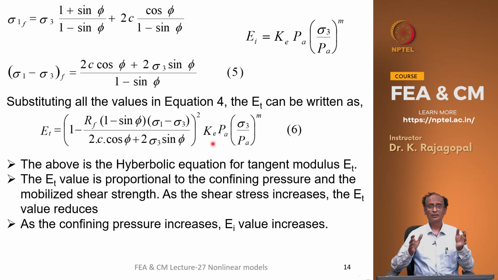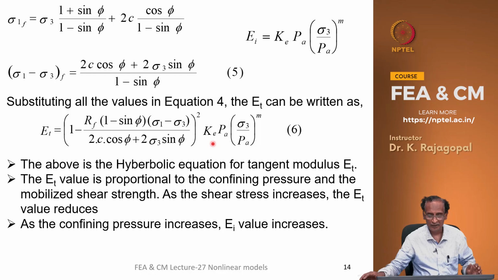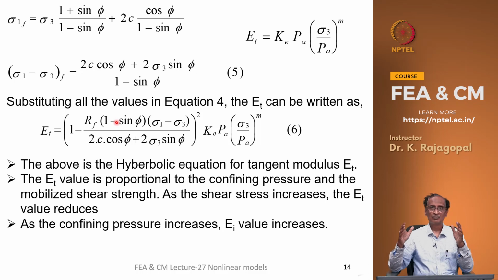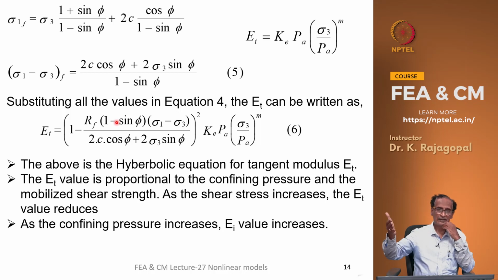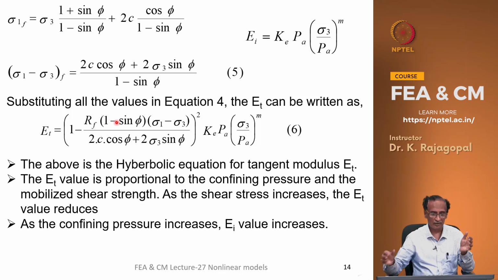So in one single equation, Duncan and Chang were able to incorporate the influence of the confining pressure sigma 3, and the influence of the shear stress in relation to the shear strength. As the shear stress increases, your modulus is going to decrease, at a constant sigma 3.